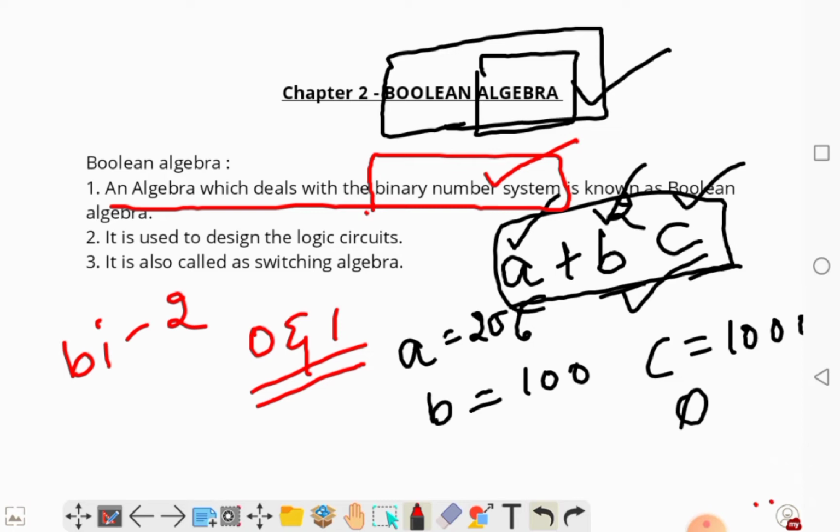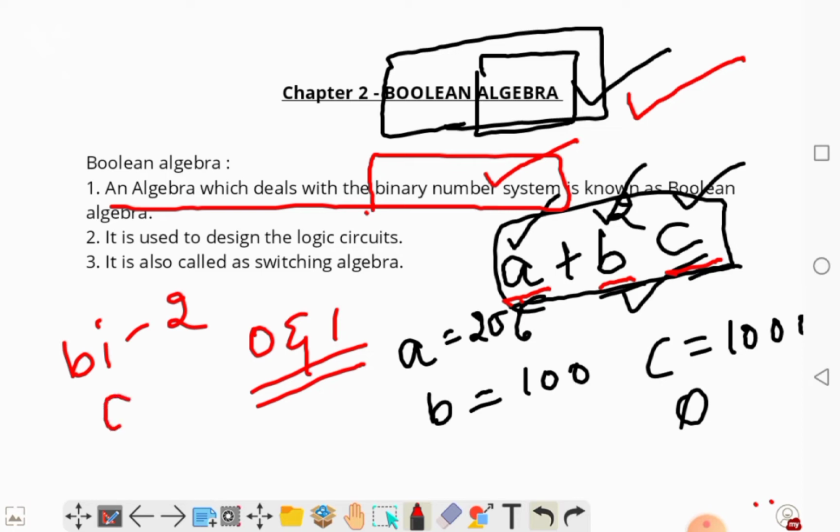An algebra which deals with the binary number system is known as Boolean algebra. I told in an algebra the A value can be anything, B value can be anything, C value can be anything. When we come to the Boolean algebra, Boo means only we have two values. Either it will be 0 or it will be 1.